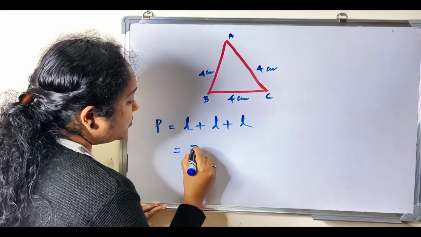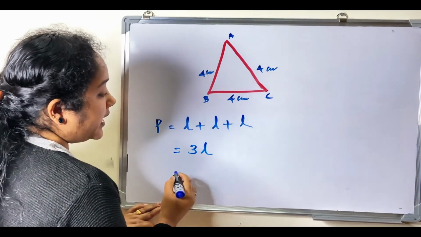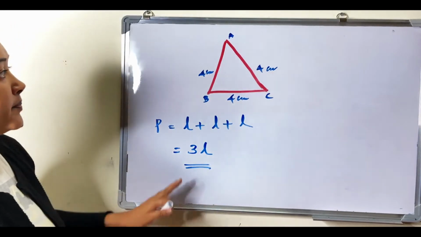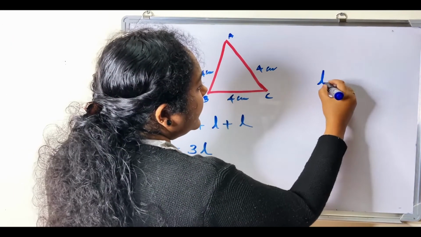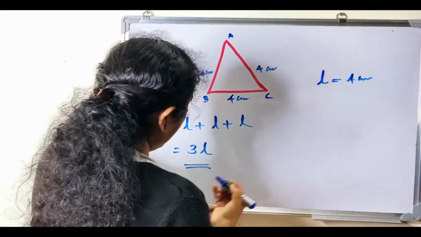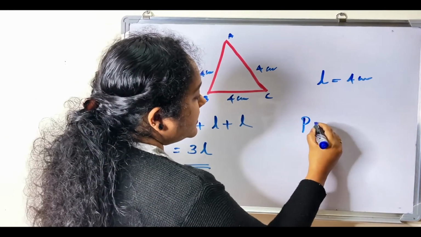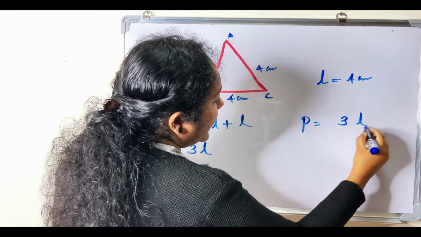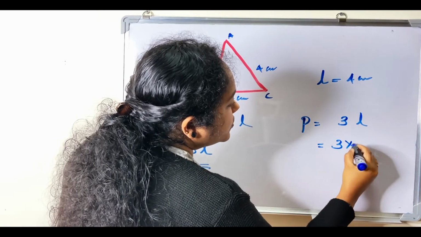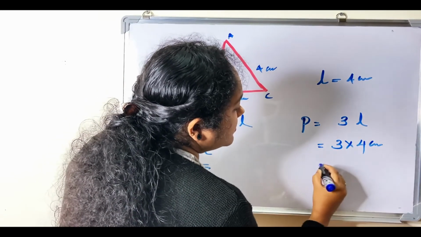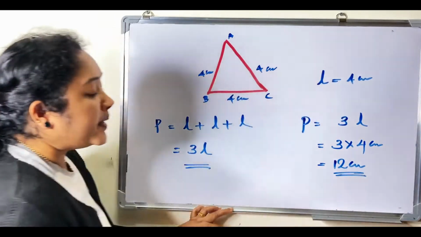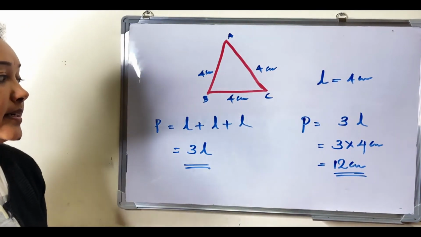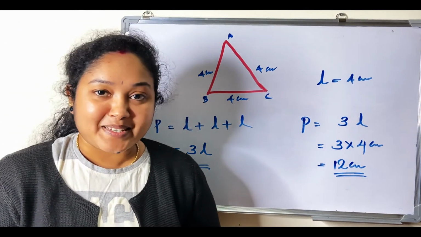That is equal to 3L, 3 into L. Here one side L is equal to 4 centimeter. So perimeter is equal to 3L, that is equal to 3 into 4 centimeter, that is equal to 12 centimeter. The perimeter of this equilateral triangle is 12 centimeter.